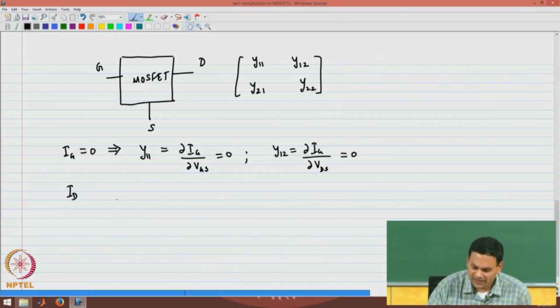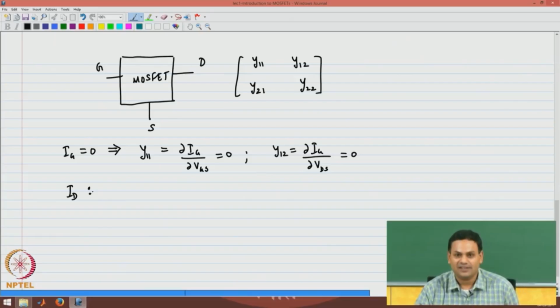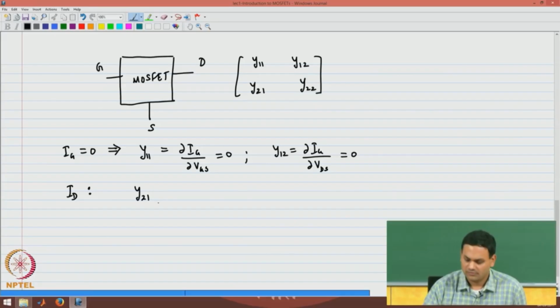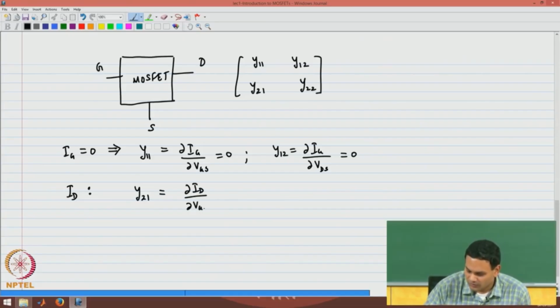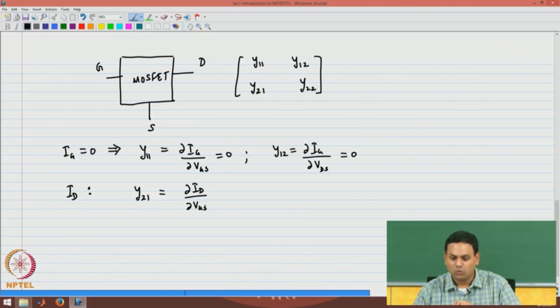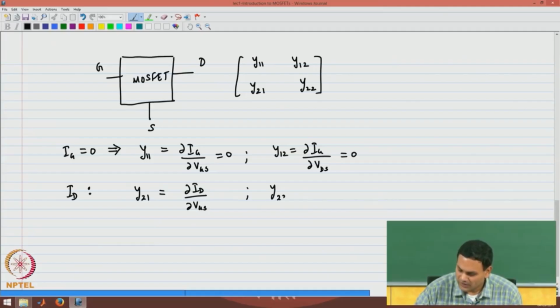Similarly, from the drain current expressions, we can derive Y21 as dou ID by dou VGS. Now, Y21 has 3 expressions, we will go ahead and calculate this, but I just wanted to point out that Y22 is dou ID by dou VDS.